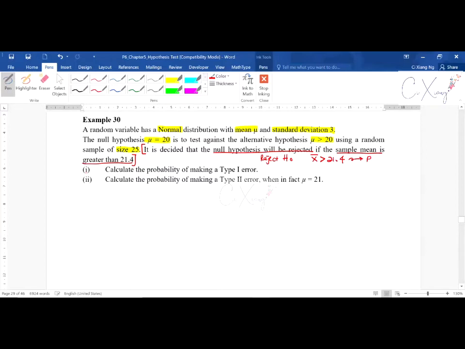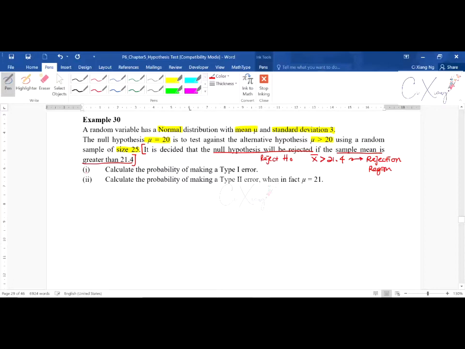This is actually the rejection region, because you reject the null hypothesis under this condition. Again, very similar to what we discussed just now in example 29. So I want you to try this example on your own.